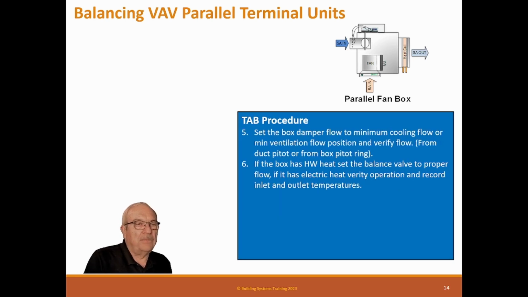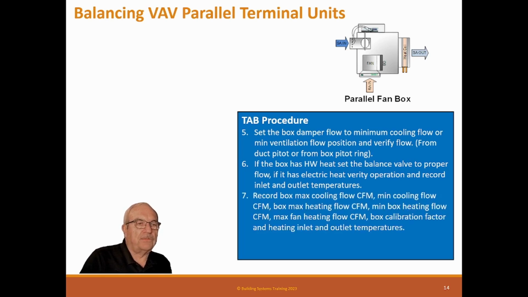All right, set the box damper flow to minimum cooling flow with a ventilation flow position and verify flow, from a duct pitot or from the box ring. If the box has hot water, set the balance valve to proper flow. If it has electric heat, verify operation and record inlet and outlet temperature.